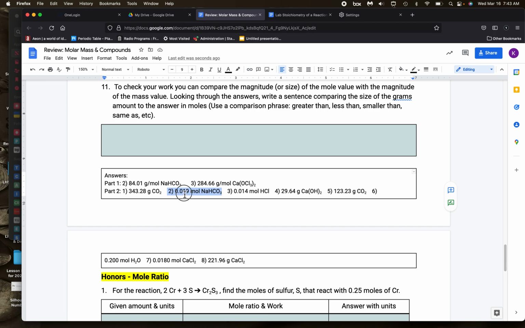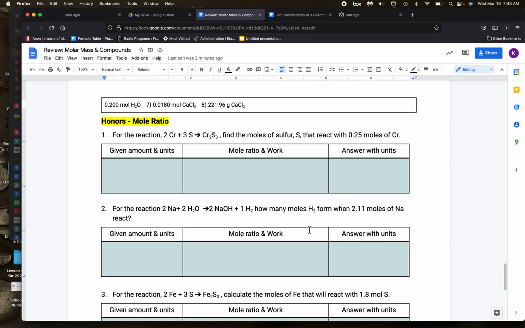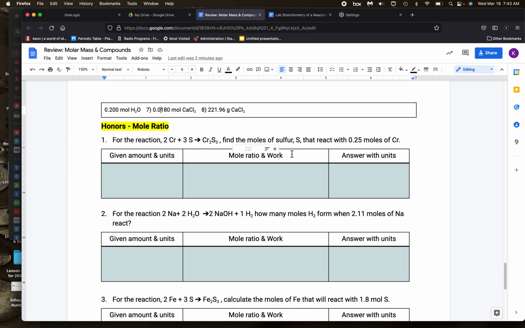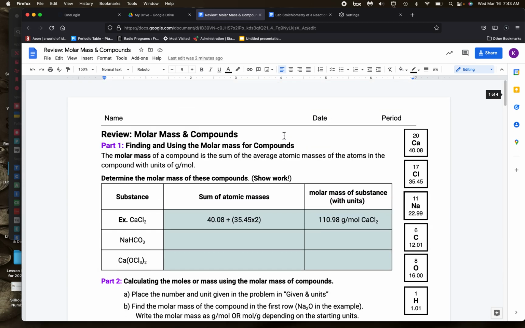It was missing the 0. 7 was missing a 0 right here. Honors has to do this, and you had to refer back to the previous worksheet in 7.1. There was no examples done during class.